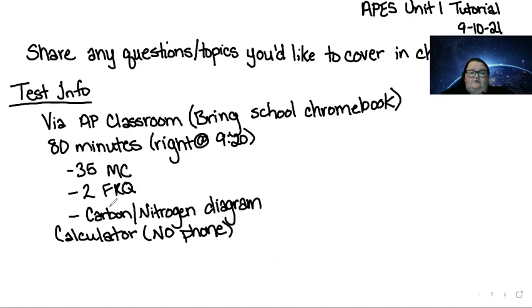And then I'm going to give you the paper copy of the carbon and nitrogen diagrams to label. You'll need a calculator that is not on your phone or on your Chromebook, so that you can do any math problems that pop up. And in terms of math, remember you're doing potential unit conversions, working with exponents.